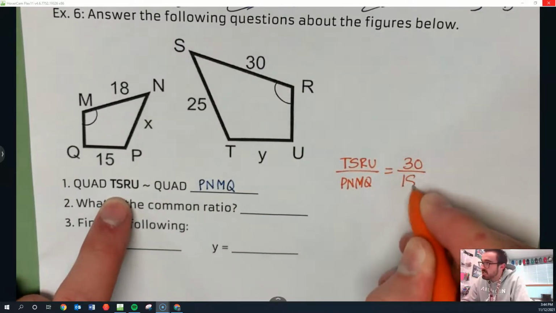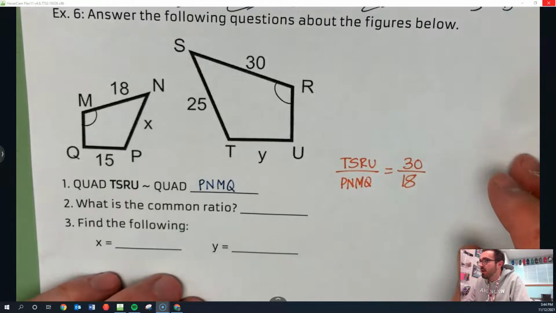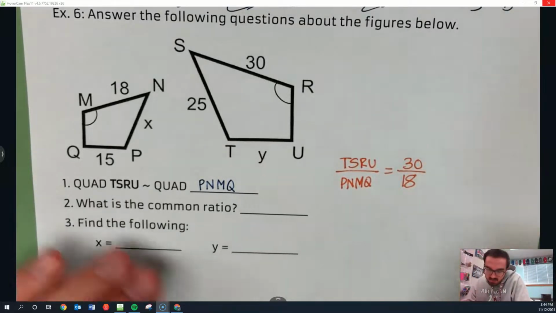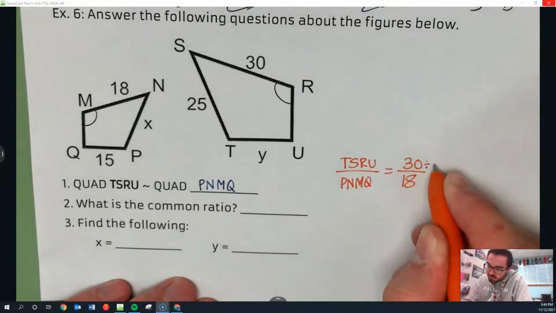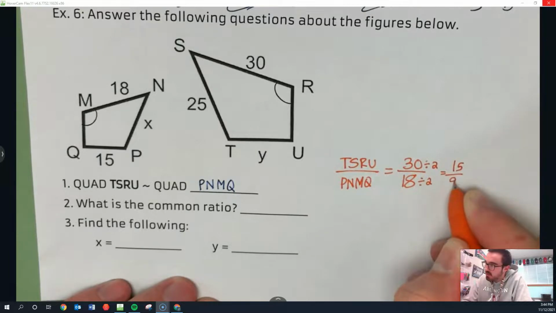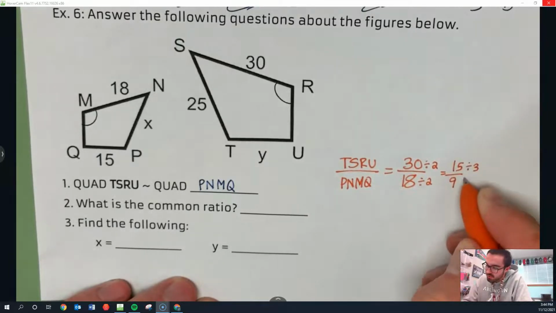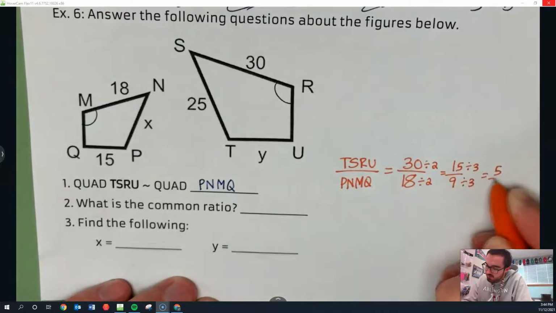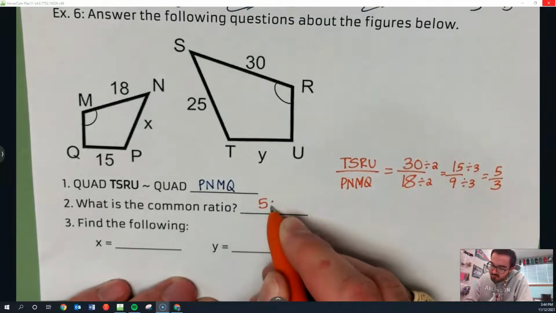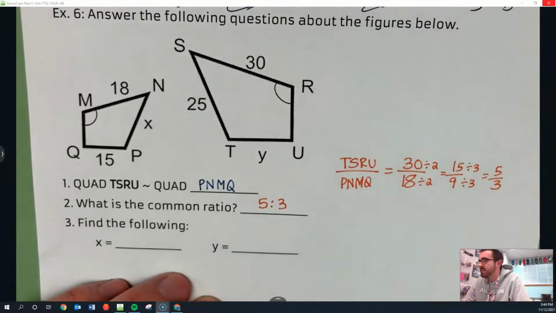So 30 over 18 would be our common ratio, but that's not simplified yet, right? So we could put it in the calculator, or we could just kind of start playing around with it. If we divided by 2, we'd get 15 over 9. If we divided by 3, we'd get 5 over 3. I bet that's about as simple as it's going to get. 5 to 3 is our common ratio there.